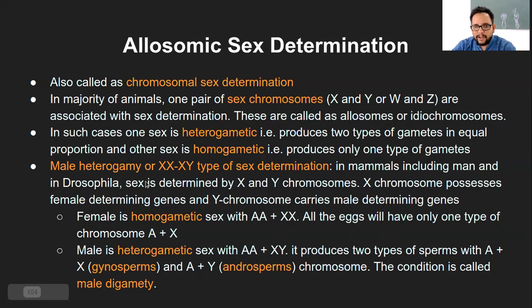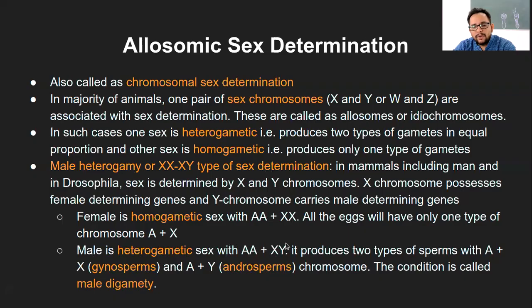What is male heterogamy? That means a male produces two different sets of gametes. So a male in this XX-XY type of sex determination is heterogametic. That means it will have two sets of autosomes with X and Y chromosome.